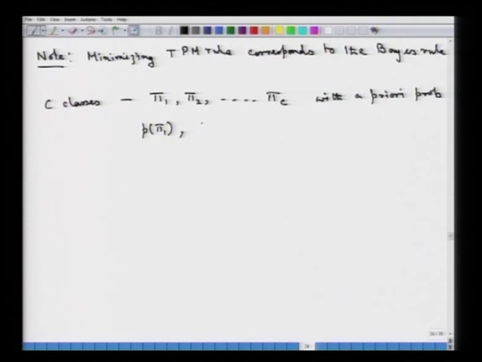One can denote that by p1 simply, p(pi 1), p(pi 2) and p(pi C). Now, these quantities are such that the summation of p(pi i), for i equal to 1 up to C, is going to be equal to 1, because we are assuming that at the most there are C such populations.